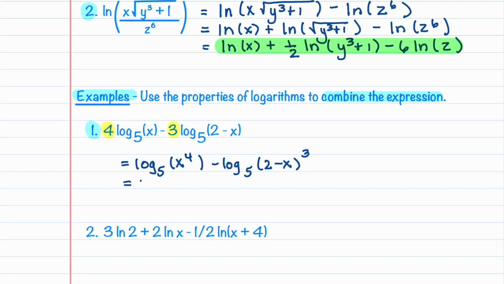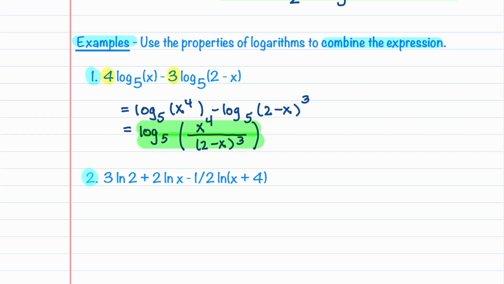We can write this as log base 5 of our numerator, which is going to be x to the 4th, and then our denominator, which is 2 minus x quantity cubed. And that's our final answer. The key to doing this type of problem is to start by putting the constant in the exponent.